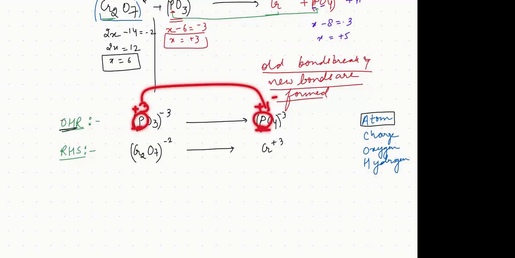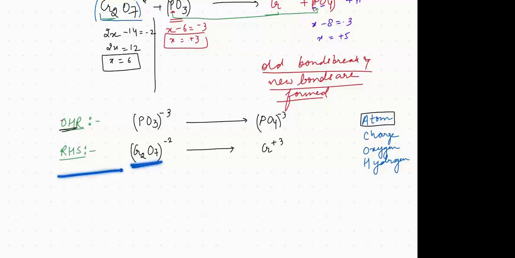Hence, the phosphorus atom is balanced. Next, we come to the reduction half reaction. Any chromium that comes out of Cr2O7 is Cr +6, and it becomes Cr +3.